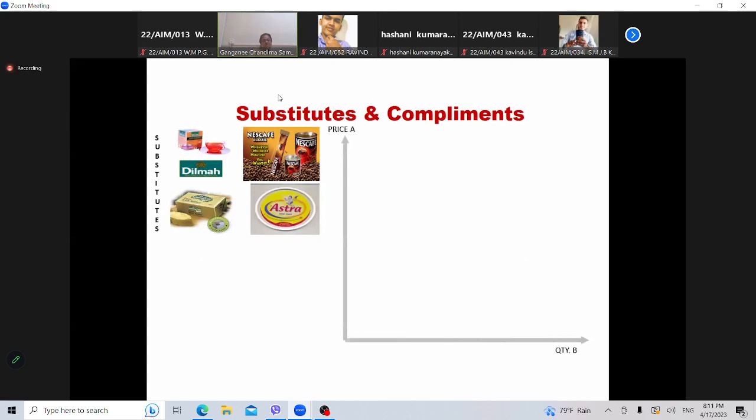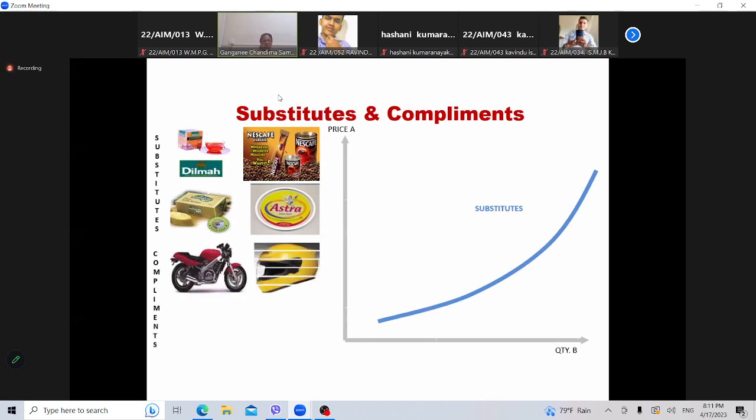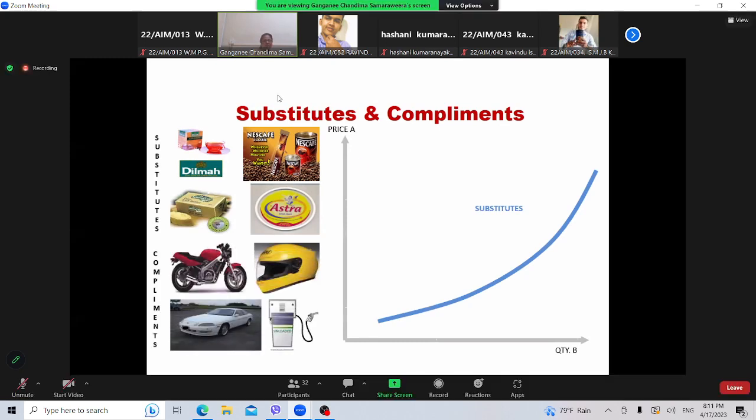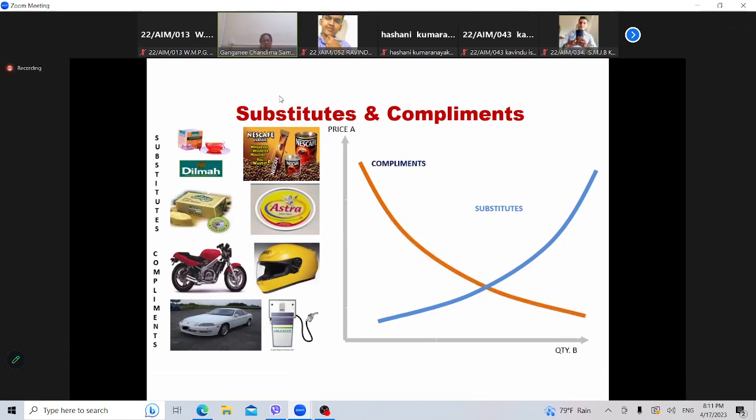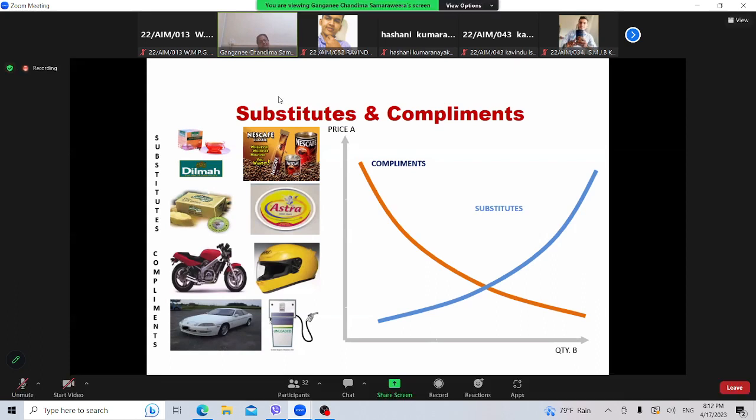Then you can say more and more examples, and you can draw this type of diagram in these substitutes and complementary goods. See, price and quantity. You can see price of one product and quantity of other product. Let's say price of A, if A and B are complementary goods.